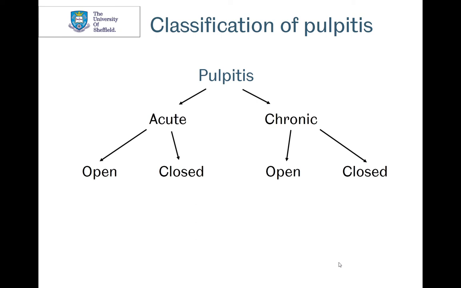Open essentially means that the pulp is open to the oral environment, and closed is not. So for example, in open acute pulpitis, the pulp is exposed, and that's a tooth fracture. If you get a blow to your incisor, it snaps the crown, and the pulp is immediately exposed. That is an open acute pulpitis.